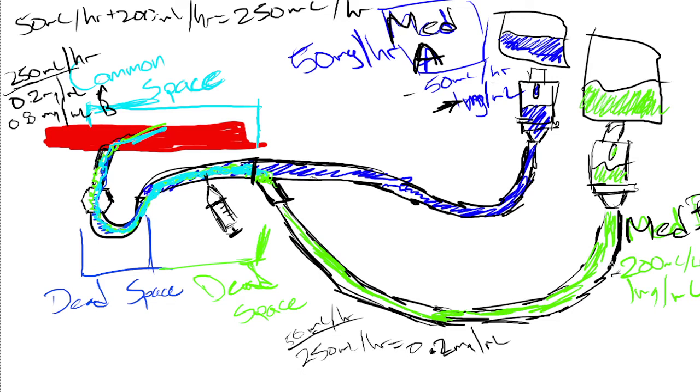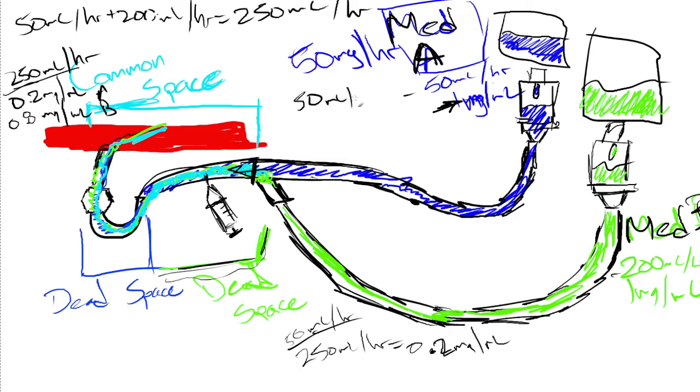So even though it is stopped, that dead space area is not going to have a direct effect because it's still going to be getting pushed through by Med A. The other issue is that we went from 250 mLs per hour to just Med A running at 50 mLs per hour. So even though the initial dosage was able to balance out, if we multiply 0.2 times 250, it's 50 milligrams per hour. Now if we change up the rate, we now have 50 times what is now 0.2 milligrams.